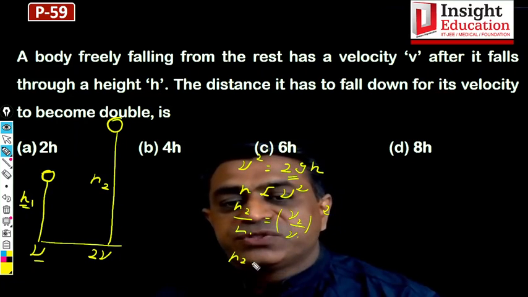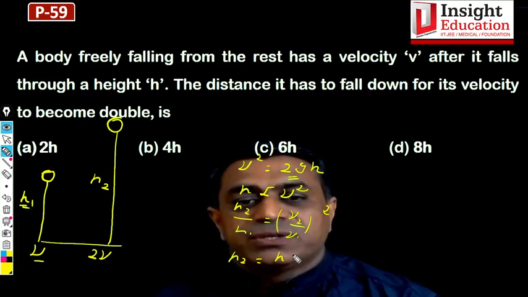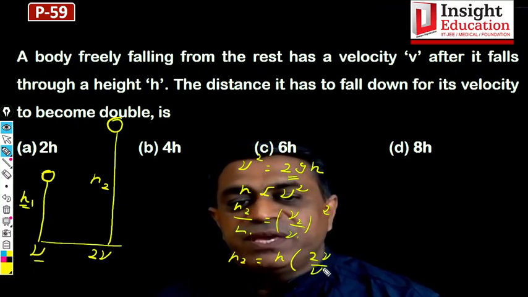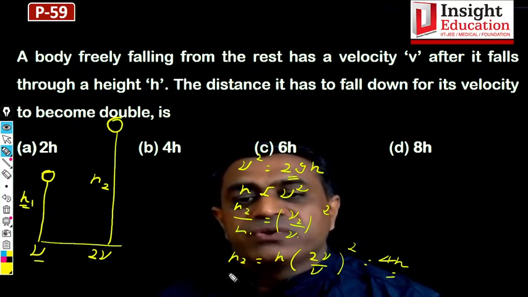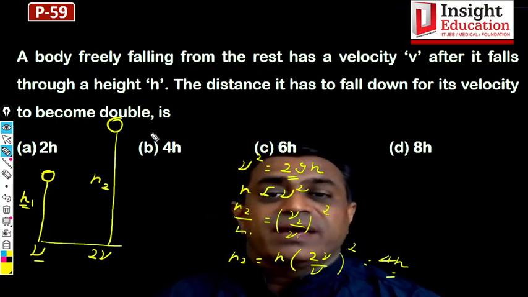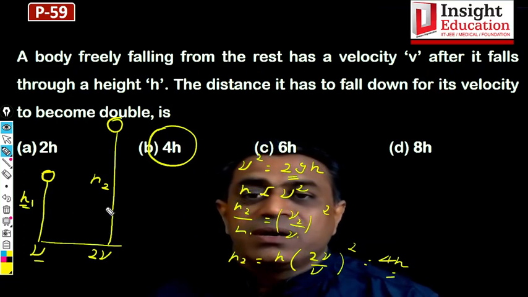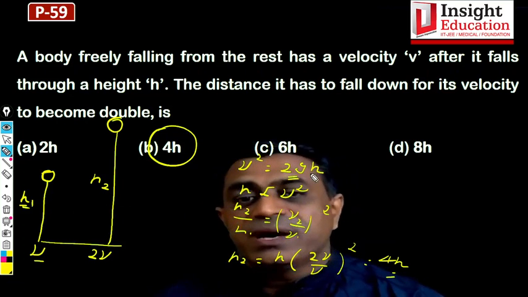So h2 is equal to h1, which is given, into v2 by v1 whole square. v2 is twice v, and v1 is v, so that is 4h. So h2 is equal to 4h. Here we have to use this relation.